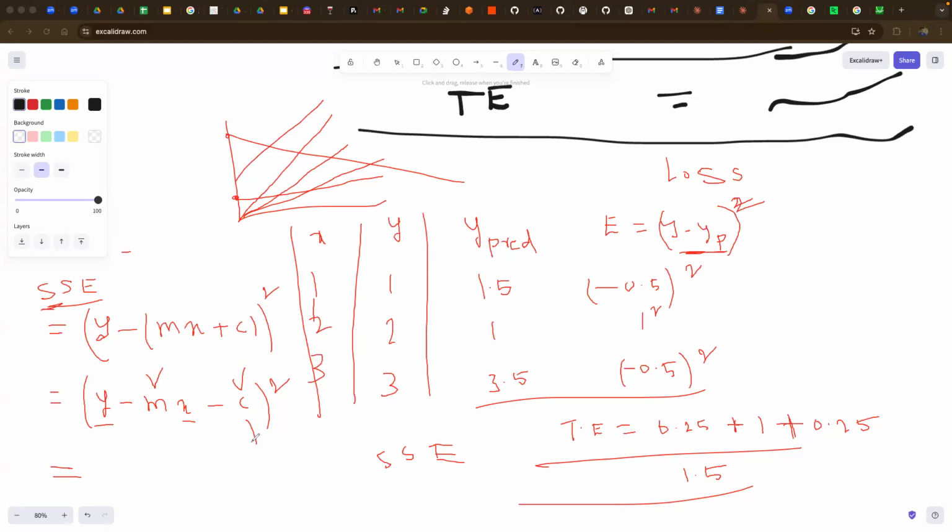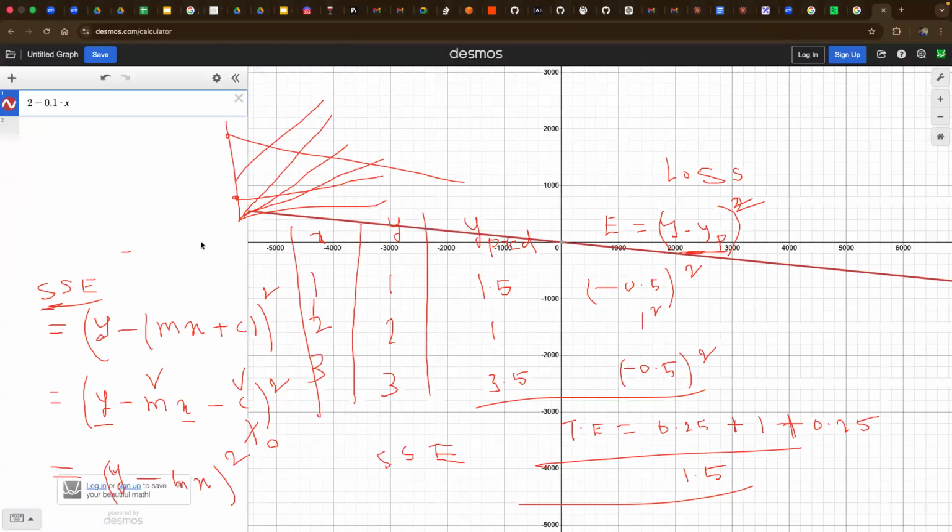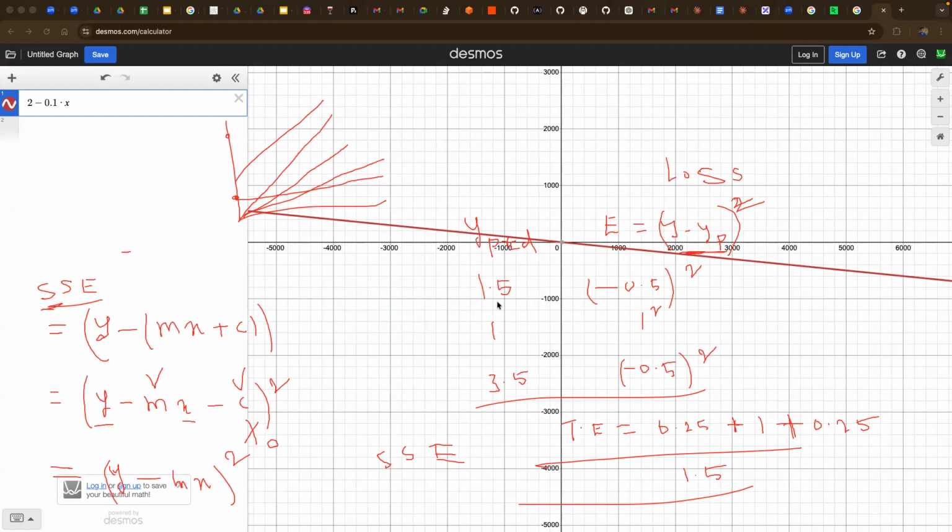So what I usually do is, let us make this C as 0, just to represent it on a two-dimensional coordinate plane: y minus mx whole square. Then you can see it here. Let me remove a few of these. I think we don't need this.